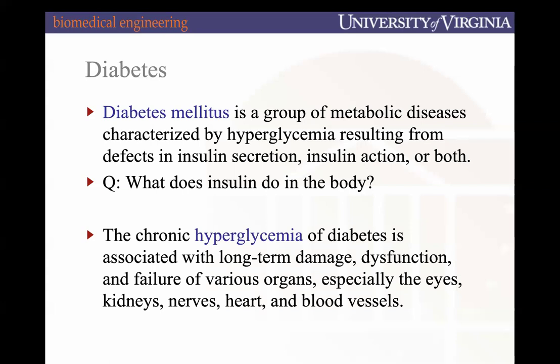And when it's long-term, it can lead to a variety of pathologies that are often characterized among diabetic patients. Among them is failure or dysfunction of key organ systems, and this is often characterized down at the microvasculature, at the capillary level.